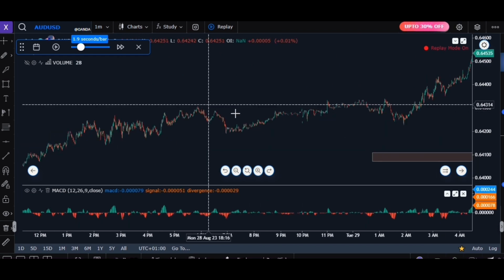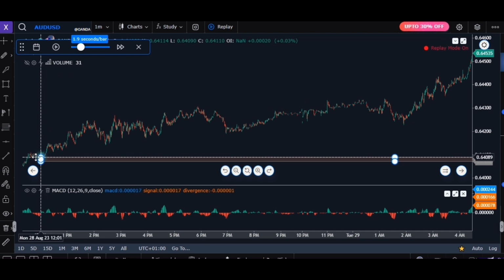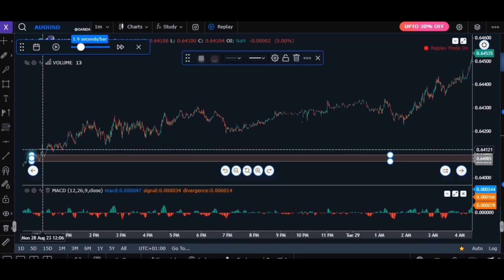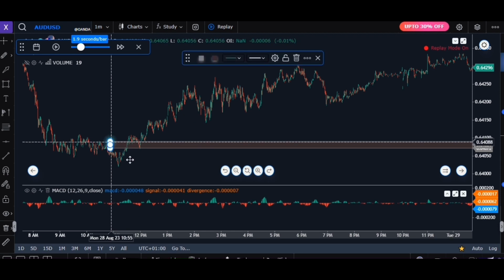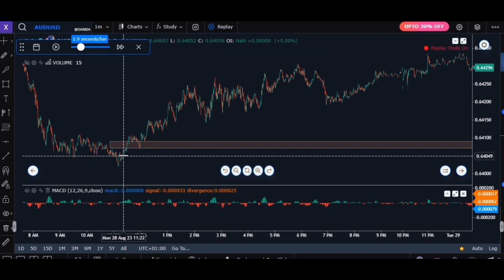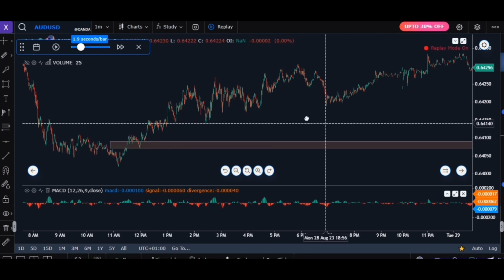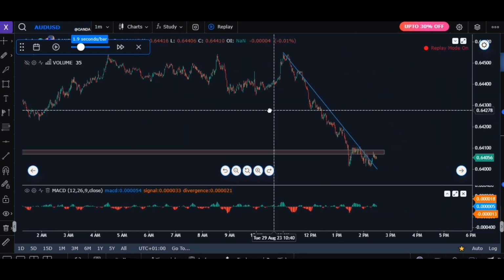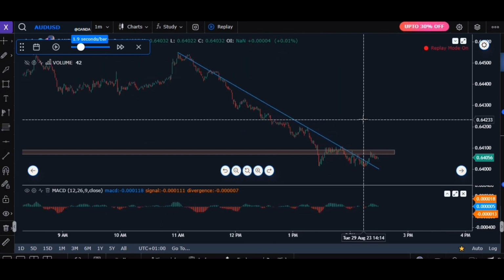I'll show you guys some things. You can see this is a key level. So this point was a support. This point was a resistance that turned to support. You see, this is a very strong key level, so that gives us more added confirmation.